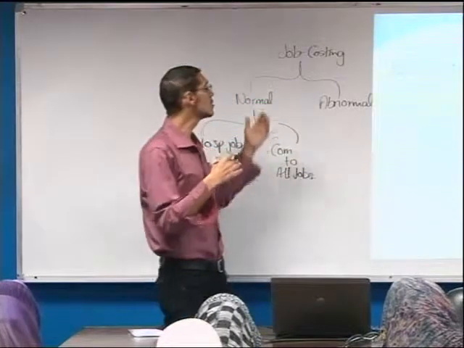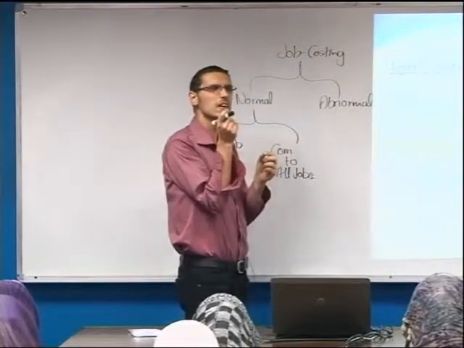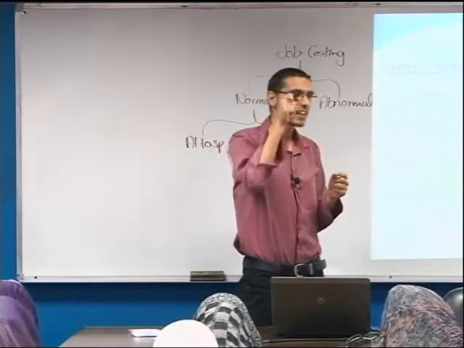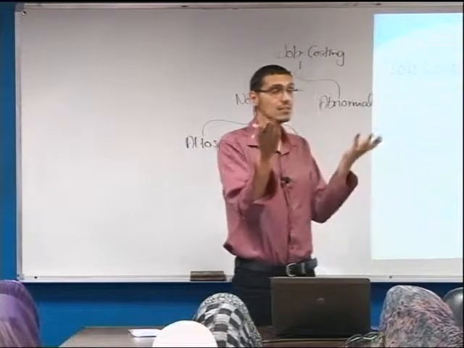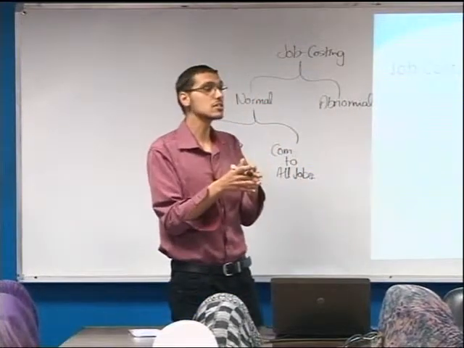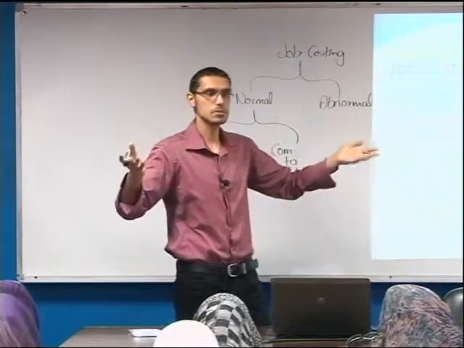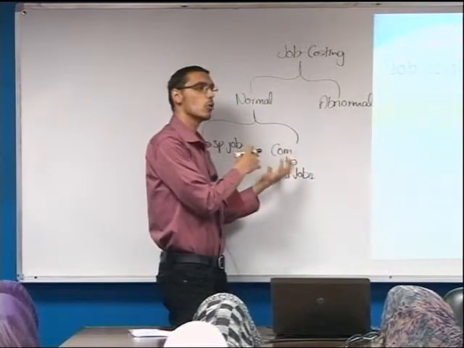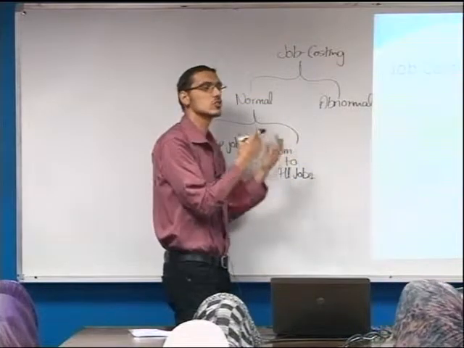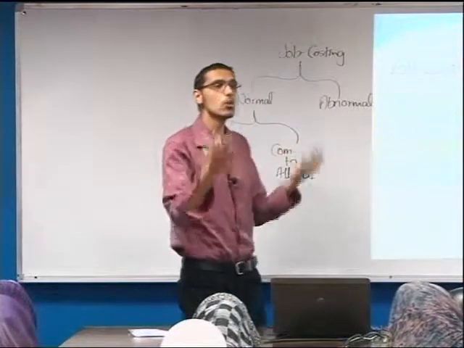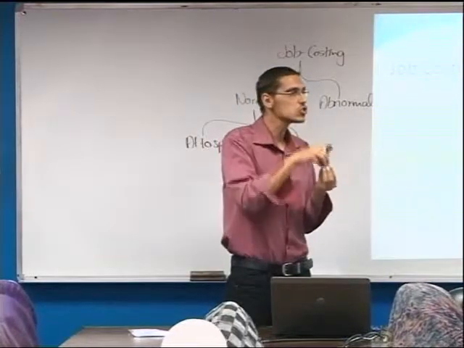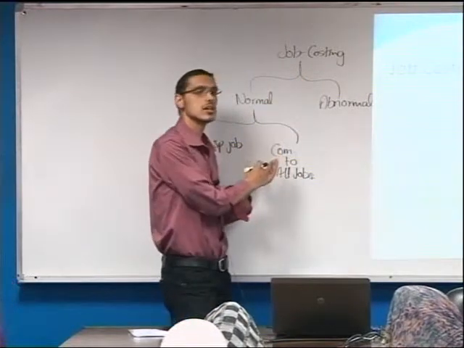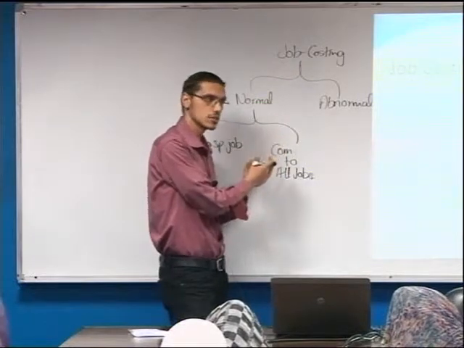But if the normal spoilage is not because of the specifications of a particular job, then this normal spoilage is considered common to all jobs, because the specifications of the job did not contribute to having these spoiled units.